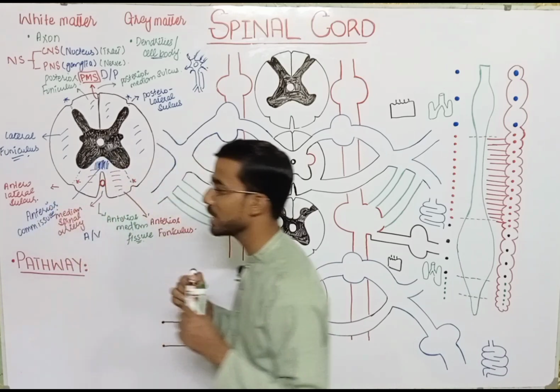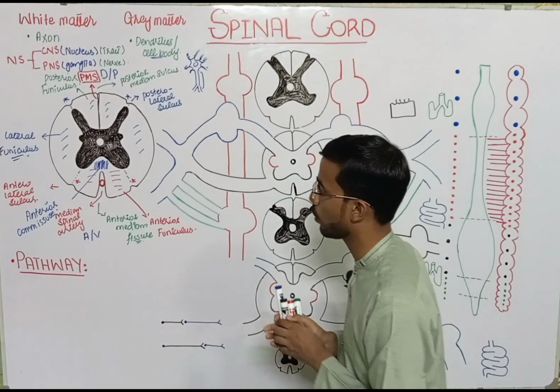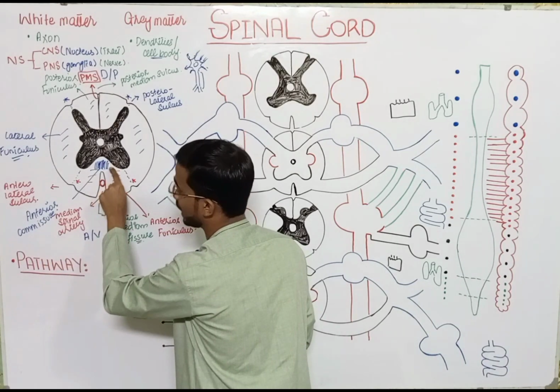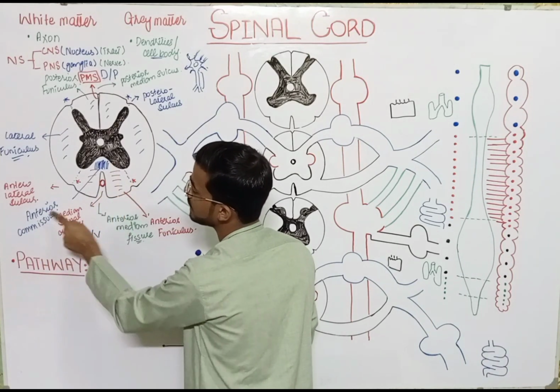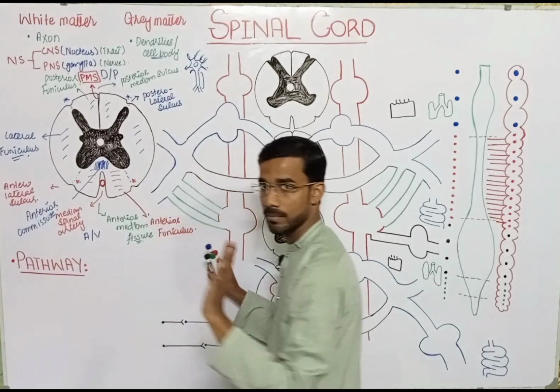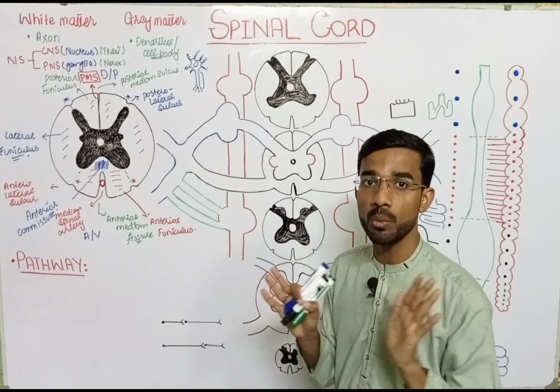Commissure is basically a junction-like structure. This is present in the white matter, so I call it the white matter anterior commissure. This is all about the white matter.